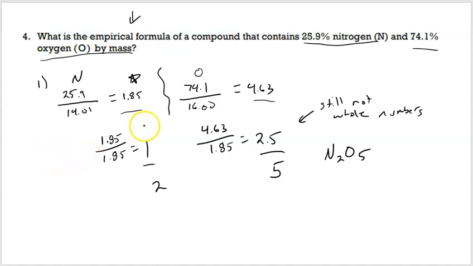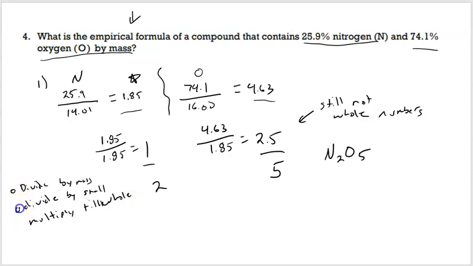Then you divide by the small one. If it's not a whole number ratio, you multiply until it's whole.